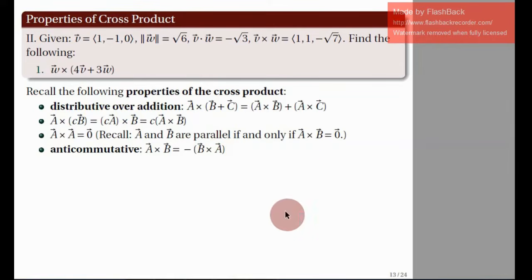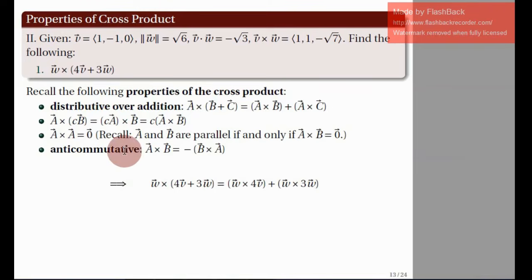Alright, so using all these properties, we can rewrite this expression so that it involves only these information for V and W. So rewriting the expression, first using this distributivity over addition of the cross product, then we can distribute our W into this sum as follows.